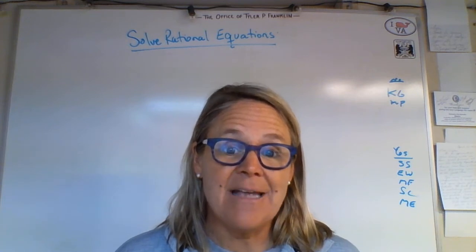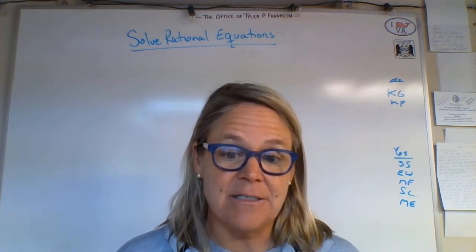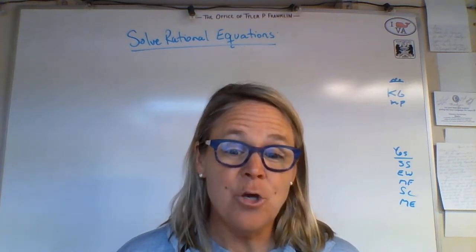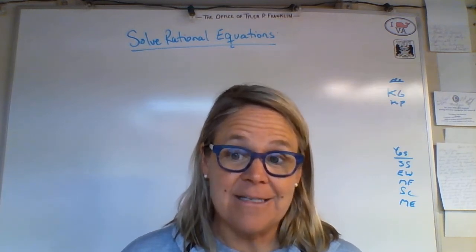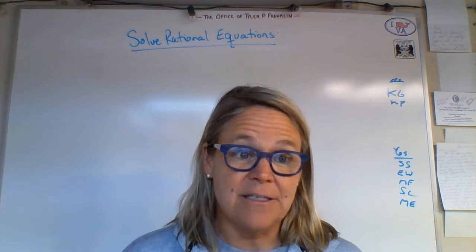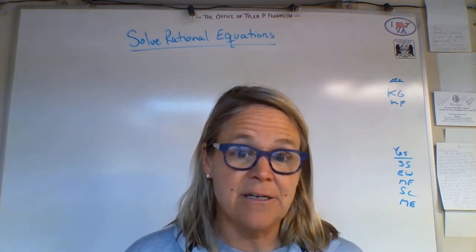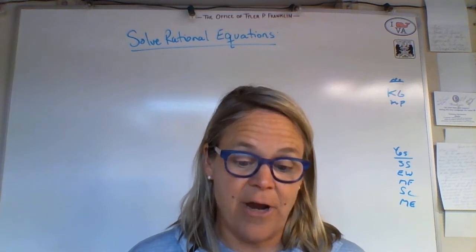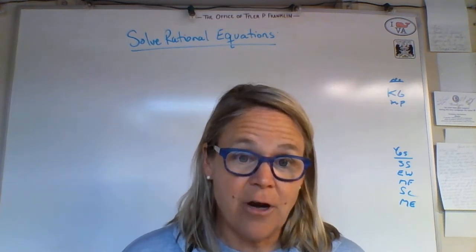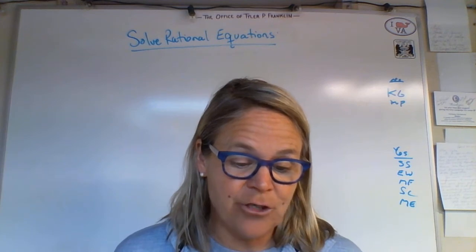So when it says check for extraneous solutions, you always want to check the denominator, put that x in. Do you get 0? If you do get 0, you're going to cross that answer out. It's extraneous. So starting with proportions, I'm going to do 2 of these.